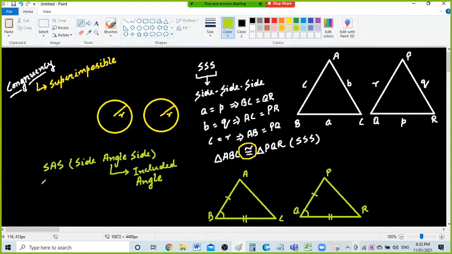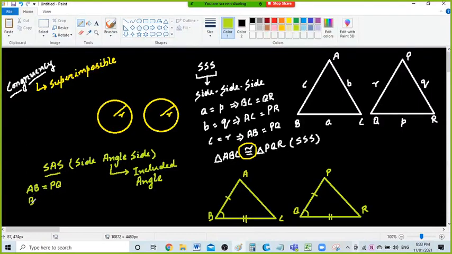All right, so let me help you out on this. Let's say AB equals PQ, right?